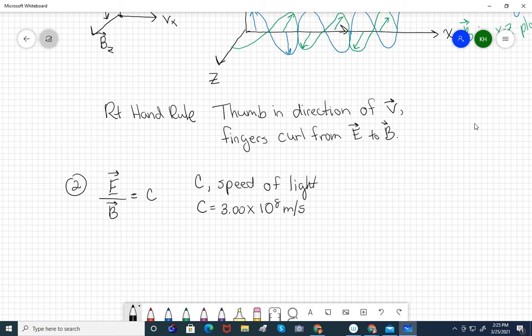It's like comparing the number of pounds to the number of miles. 27,000 pounds is not necessarily bigger than 15 miles. They just don't compare. They're not the same thing.